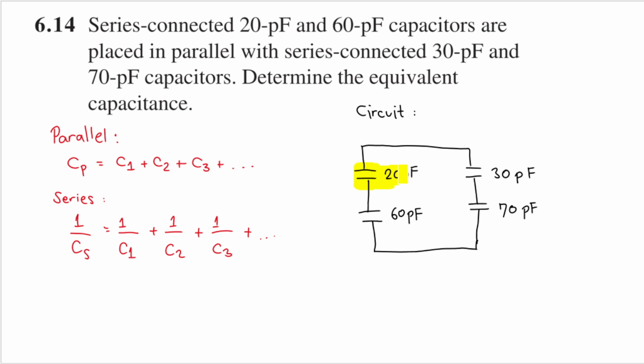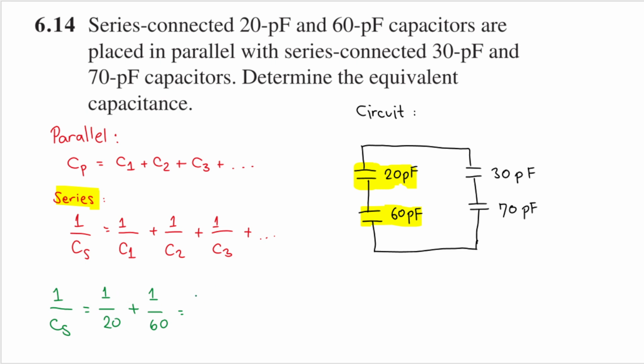First, we have this one and this one in series. So we will have 1 over CS is equal to 1 over 20 plus 1 over 60. We can do simple arithmetic by making the denominator 60.